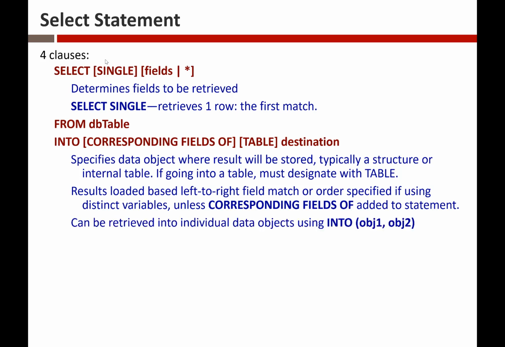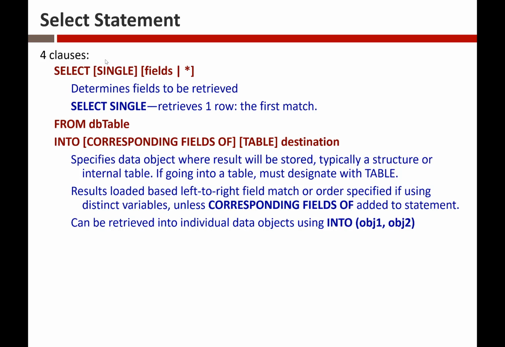Results can be retrieved into individual data objects, and I'll show you this a little bit later by using the into clause. So for example, I could do select single first name, last name, middle initial from blah, blah, blah, into, and then I could say put this into data objects LN, FN, MI, which are individual data objects that I have created in my program.